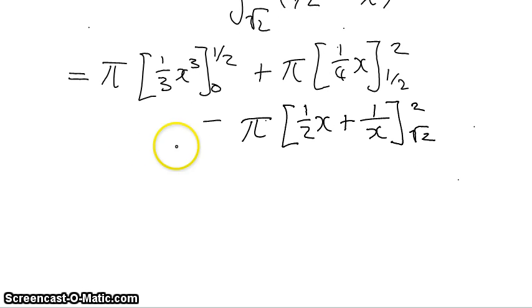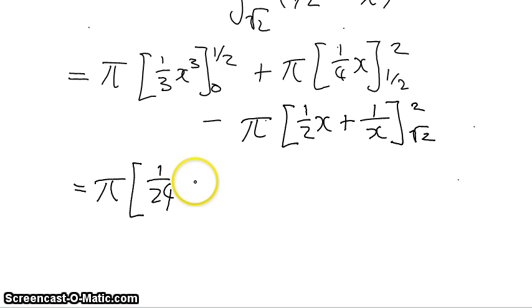Right, so let's start evaluating these. So pi, let's just bring it out the front for everything now. Substitute in a half, so a half cubed is an eighth times 1 over 3. This will be 1 over 24. Substitute in 0, 0. So minus 0, right? Plus, okay, this one, I substitute in 2. 2 times a quarter is a half.